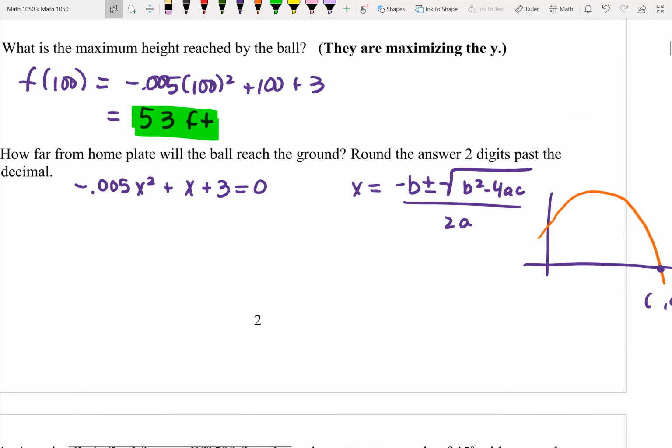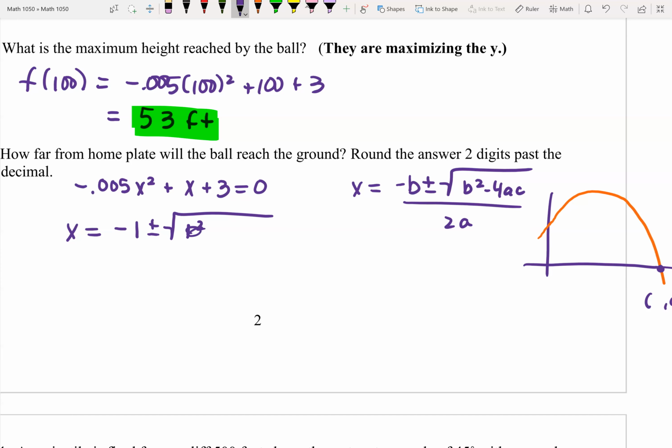Okay, now underneath that, everybody write x equals negative 1. b is 1, so that's negative 1. Plus or minus the square root of. Now I want you to listen. We talked about this briefly. b is 1. Please don't write 1 squared. Don't do it. It's the biggest place that people miss things.